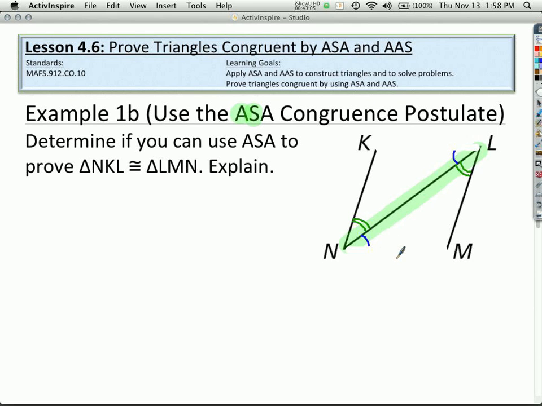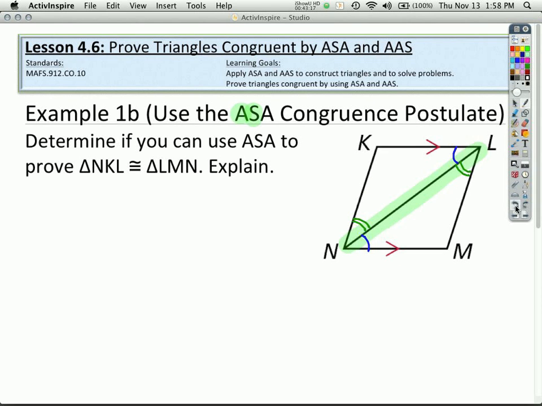That's alternate interior. But for that to be true, this line has to be parallel to that one. Is that evident in the picture? No, it is not. So unfortunately, we cannot say by that reason that those two are congruent. Maybe there's another reason, but that can't be the reason.